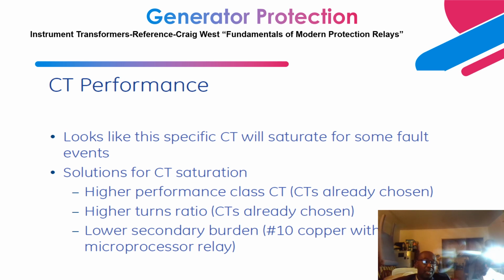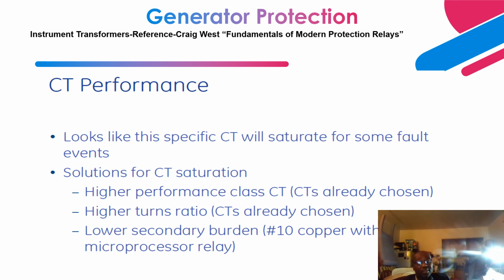Okay, so let's say you do your calculations, and you find out that your CT will saturate for some events. Then basically this is how you utilize microprocessor relays. Microprocessor relays have a lower burden compared to the conventional relays, so that will be another option for you.